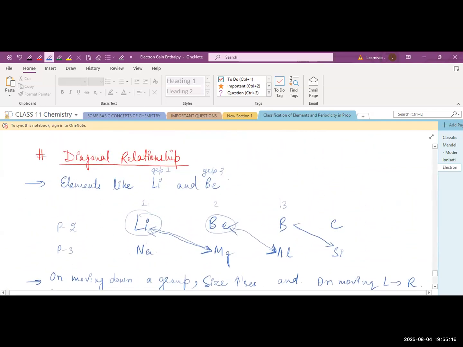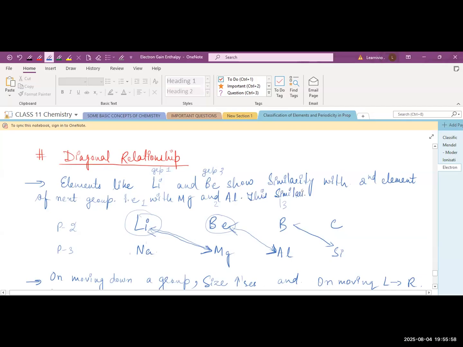You can write: elements like lithium and beryllium show similarity with the second element of the next group, that is with magnesium and aluminium, and this similarity is known as diagonal relationship.